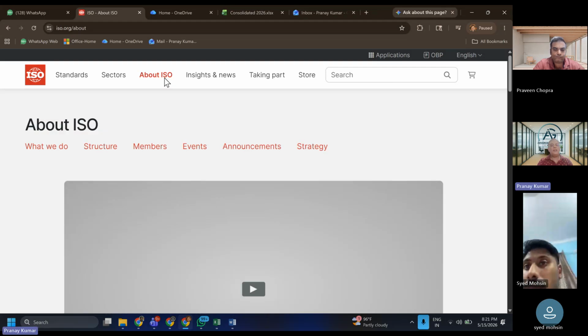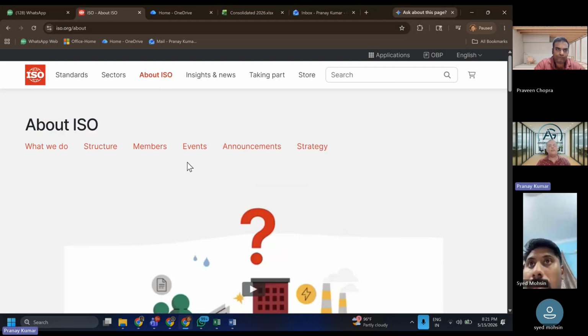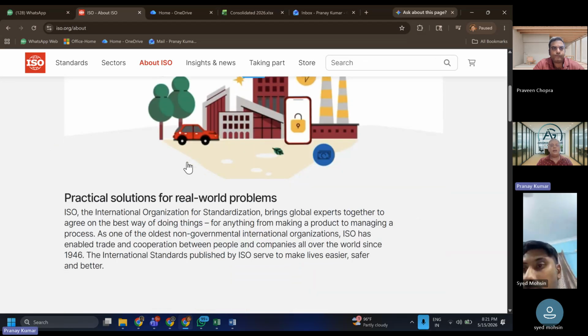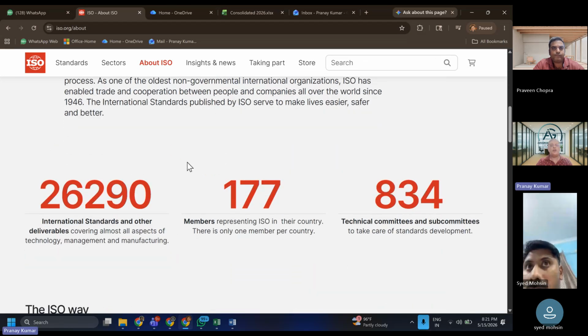It is a not-for-profit organization based in Geneva, Switzerland, and the world's largest publisher of international documents. 26,290 international standards and other deliverables covering technology, management, manufacturing and more have been put together by ISO.